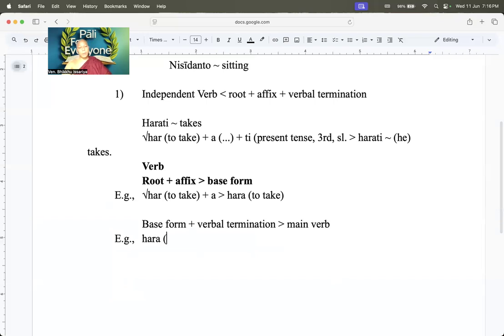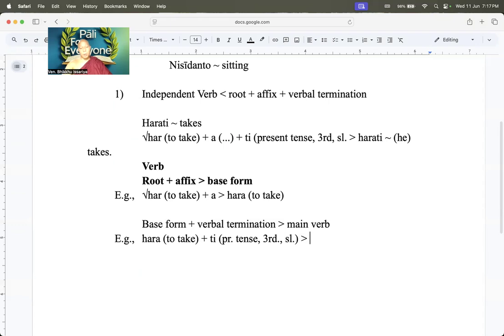The meaning of hara is to take. To the base, we add the verb termination ti. So this ti can denote, can show, the present tense, and then the third person, and then singular.